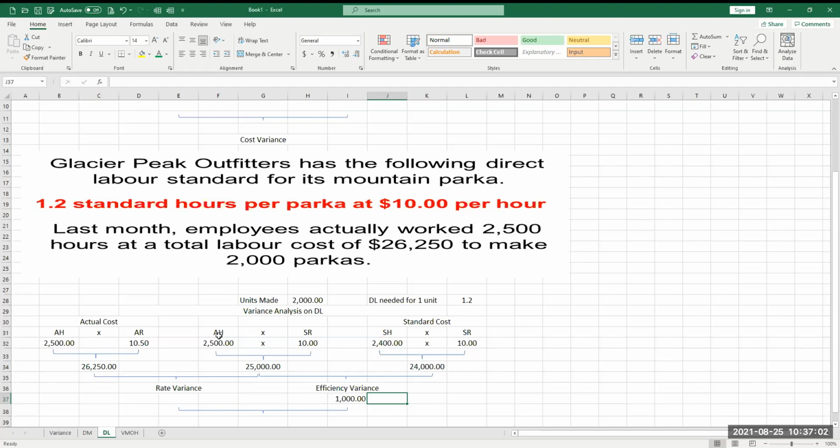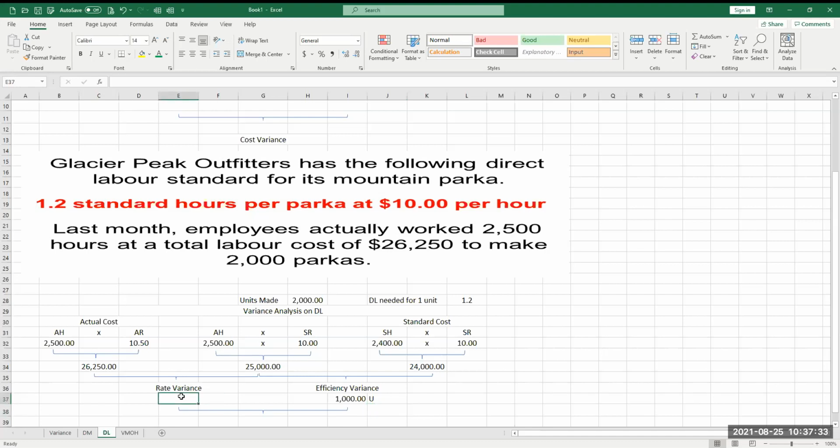In reality, I spent 2,500 hours. So based on my standard, I'm supposed to spend 24,000. In reality, because I'm using more hours, I'm spending $25,000. Is that favorable or unfavorable for me? Unfavorable.